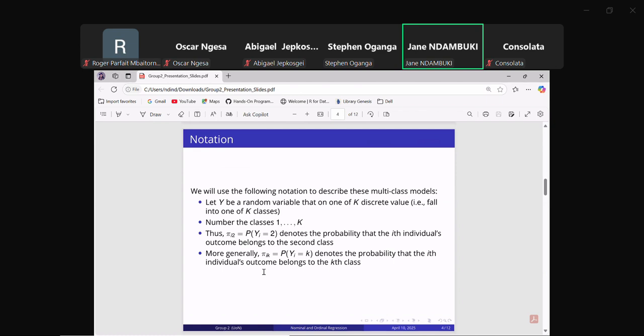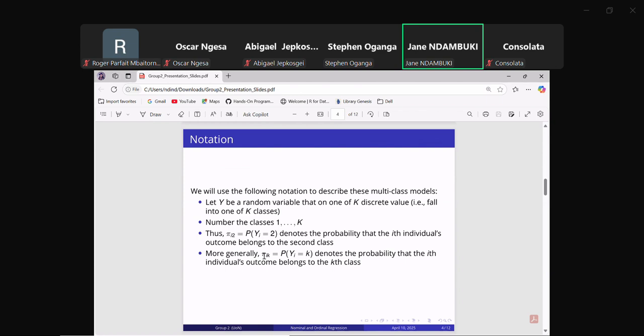So we have a notation whereby let y be a random variable with k discrete values, so we have k classes, 1 to k. Then pi subscript i2 represents the probability of the ith individual outcome belonging to the second class.